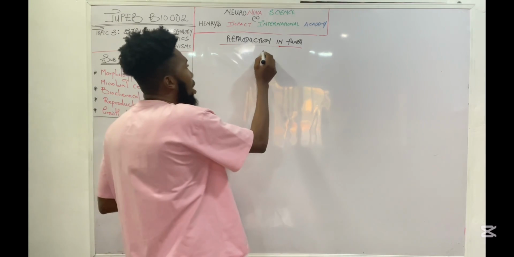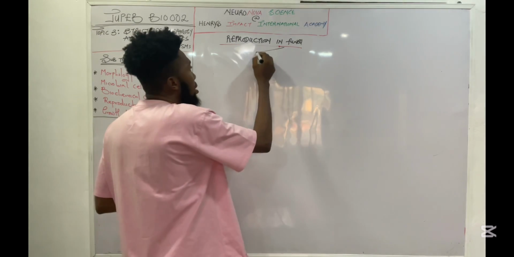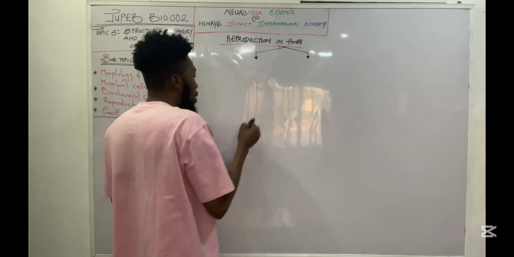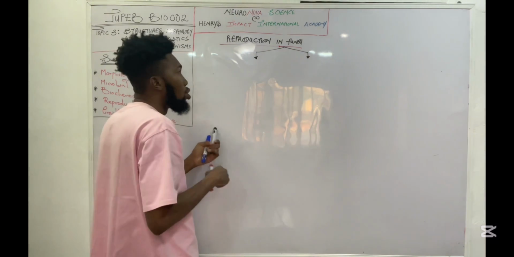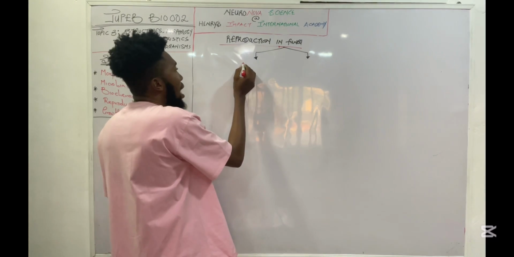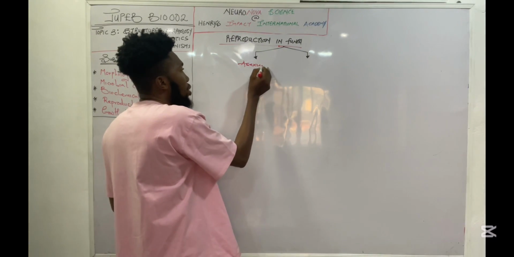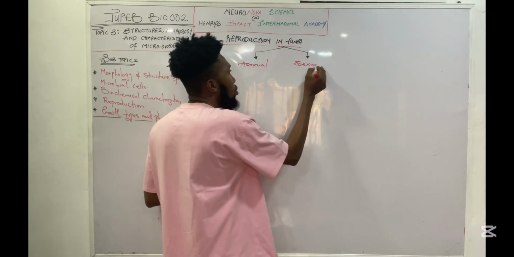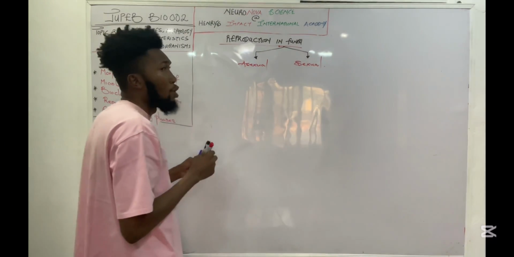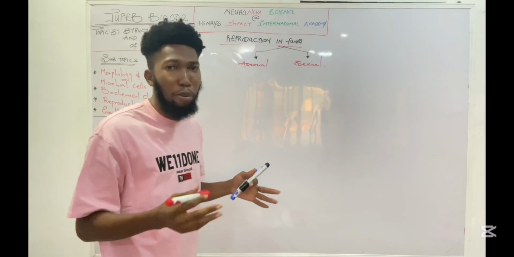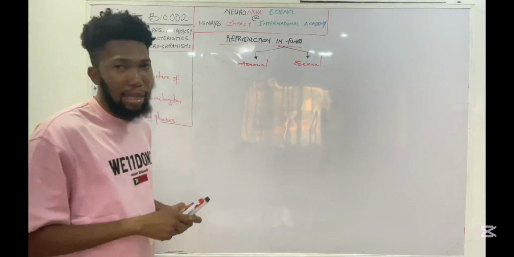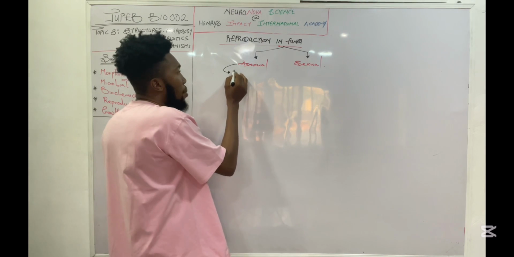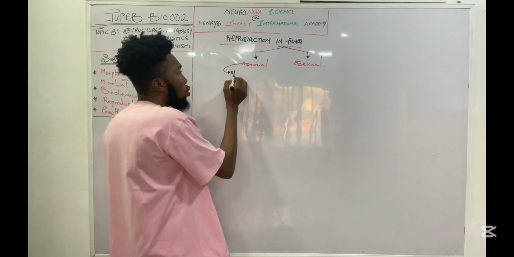Fungi can reproduce in two major ways. We have the asexual mode of reproduction, and we also have the sexual mode of reproduction. It is good for you to know that the most common form of reproduction in fungi is the asexual mode, basically by spore formation, what you can call sporulation.